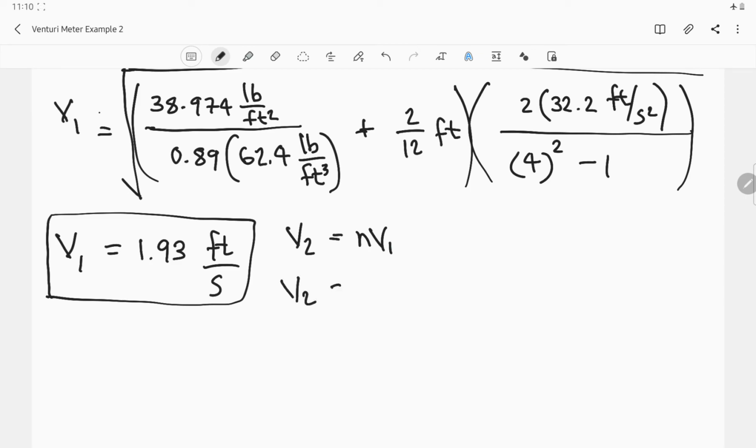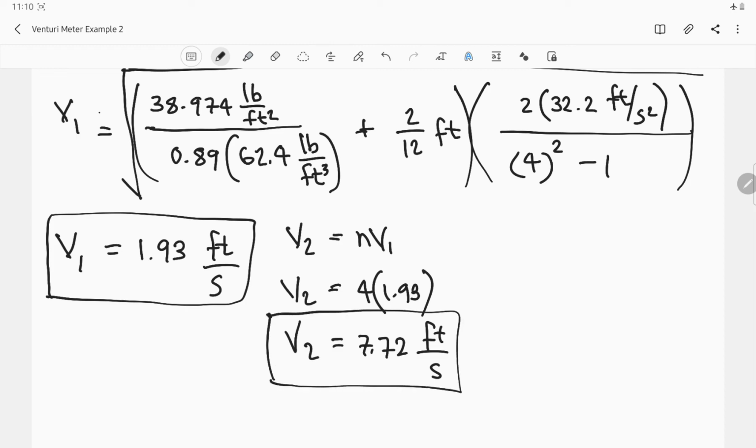So V2 is actually 4 times 1.93, which is 7.72 feet per second.